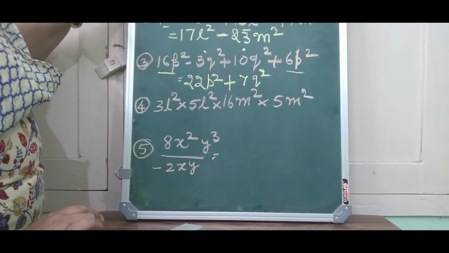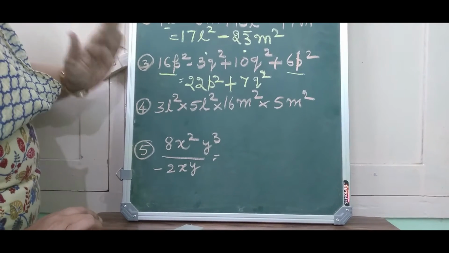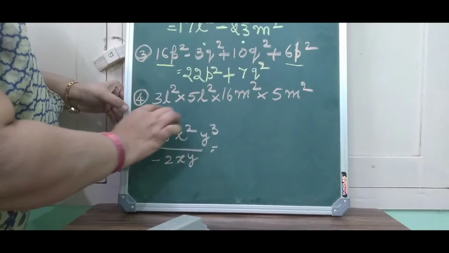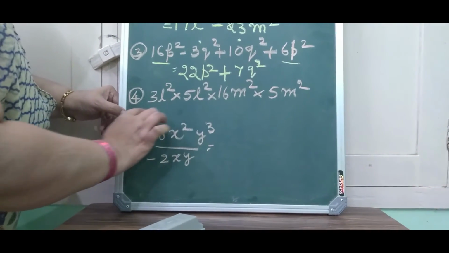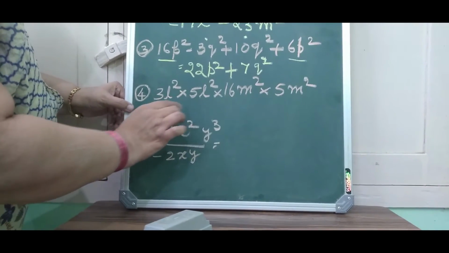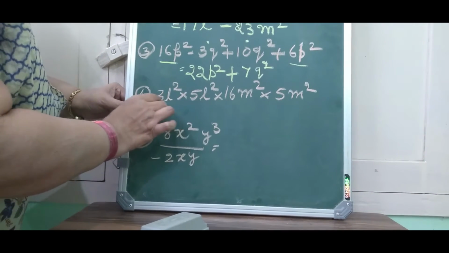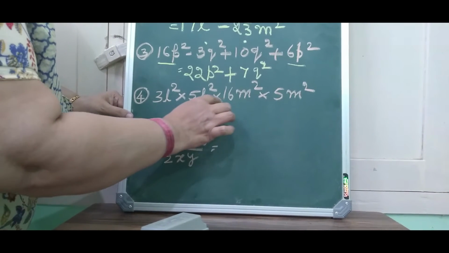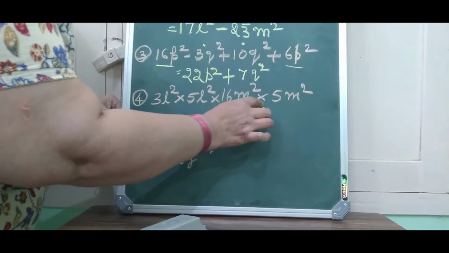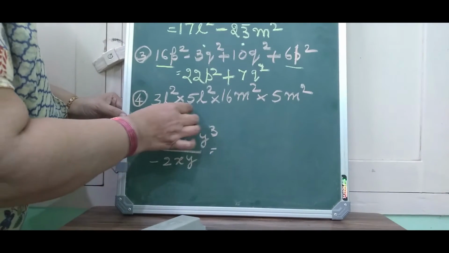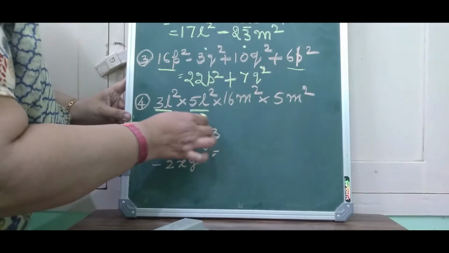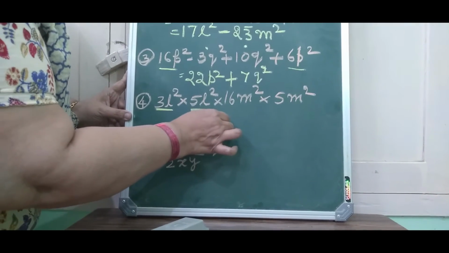So now I have explained to you addition and the subtraction of the unlike algebraic terms. Next, let me tell you about the multiplication here. I have considered the example of the multiplication: 3l square into 5l square into 16m square into 5m square. Again here you can see 3l square and 5l square are the like algebraic terms.